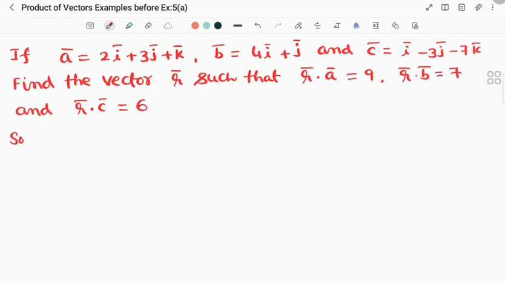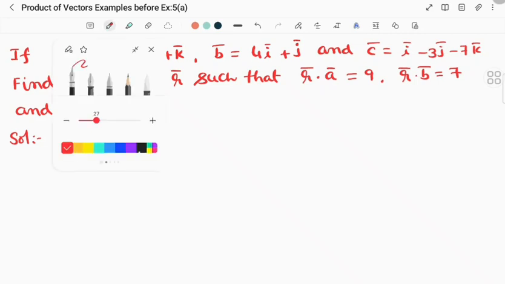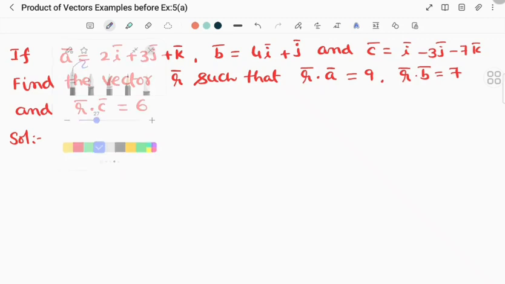So such an easy question based on dot product. So first what we have to do, they are asking find r bar vector, no?